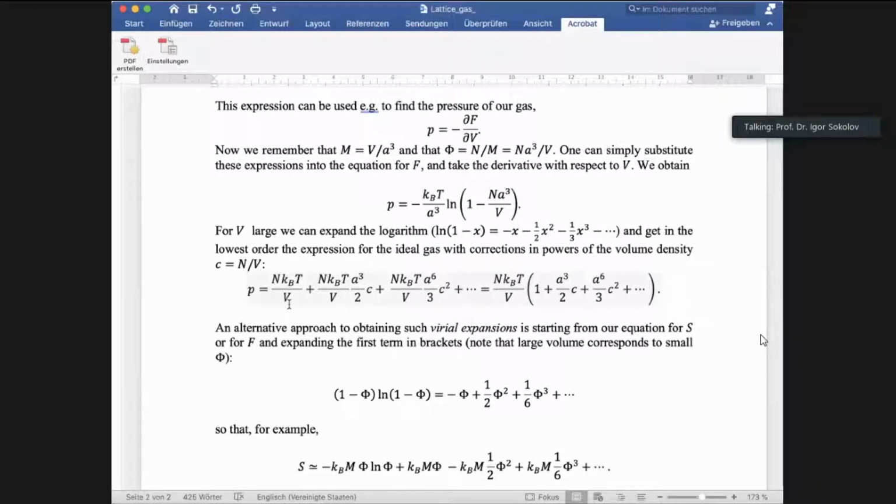This is ideal gas. Because any gas at low densities, which means at large volumes, behaves as ideal gas. And then I get the corrections to this ideal gas.